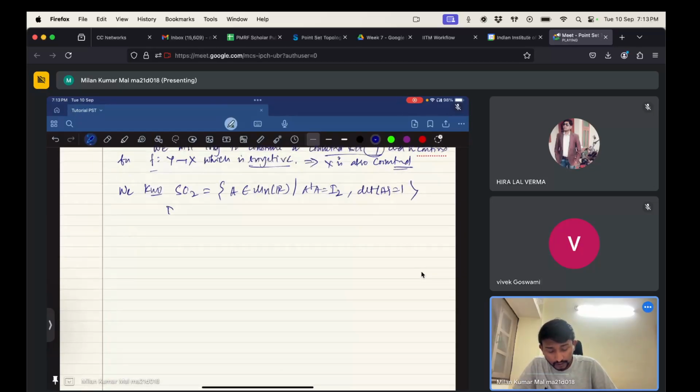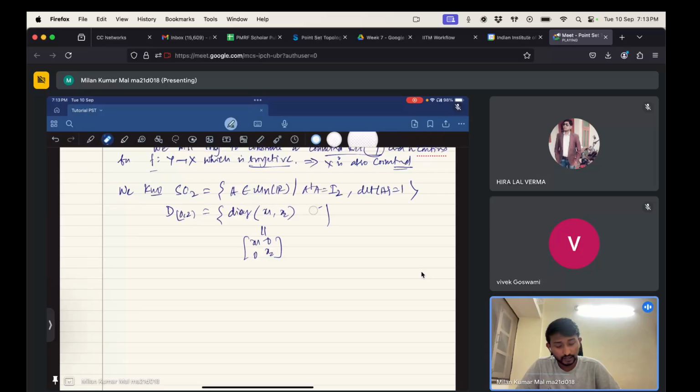And let D02 be all those diagonal matrices, something like x1, 0, 0, x2, such that (x1, x2) belongs to R2, in M2R, such that x1 and x2 should lie between 0 to 2.